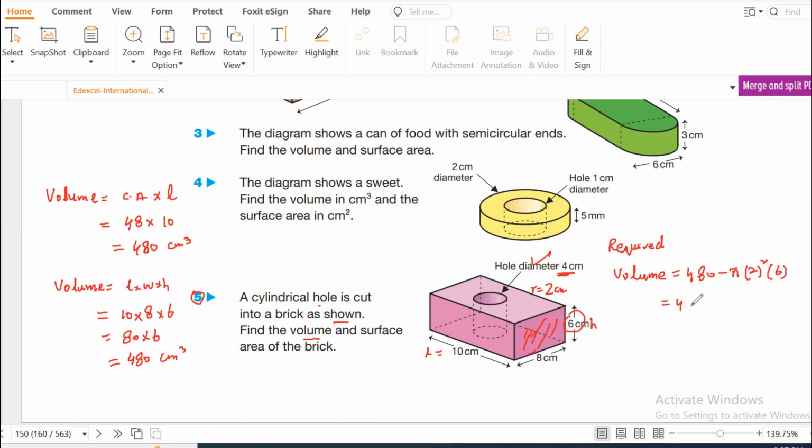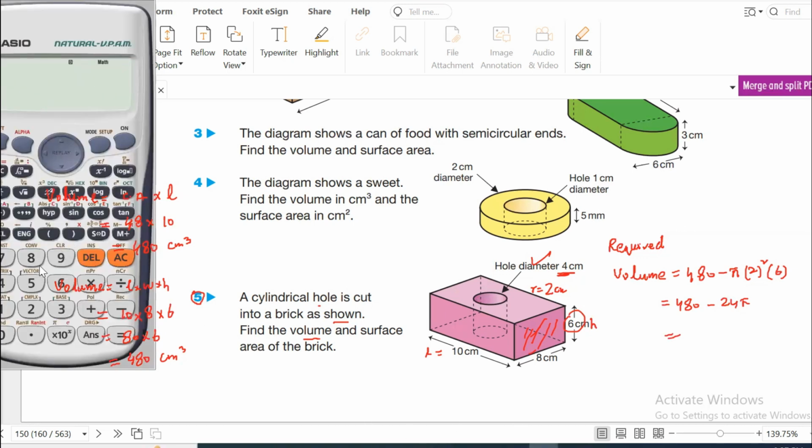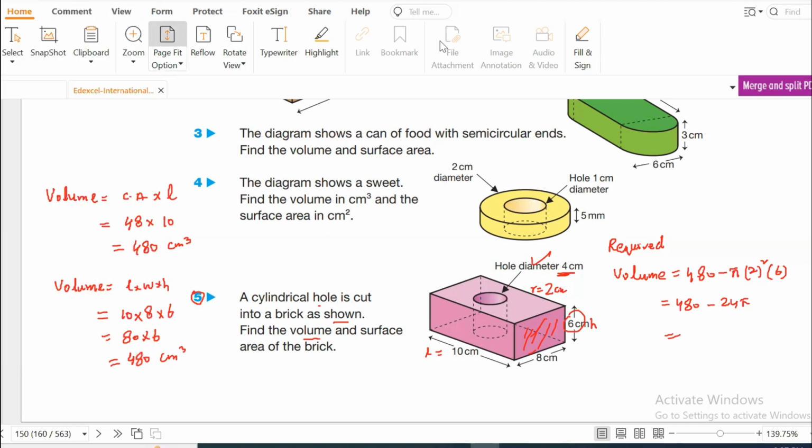So now it is 480 minus 2 twos are 4, 4 multiplied by 6, 24 pi. Next you can check in the calculator. 480 minus 24 shift pi gives us 404.6, so we can consider it as 405. So the last answer is 405 centimeter cube. This is the required volume.